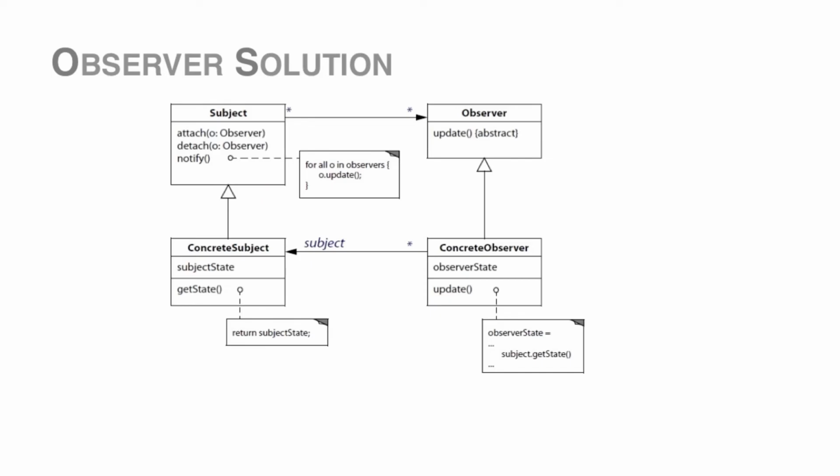In this solution, the object that needs to inform other objects about the changes is called a concrete subject. So we had the thermometer in our case. It subclasses a library class that in the observer pattern is called subject. Now we called it observable to be compliant with the solution that we saw in Java.